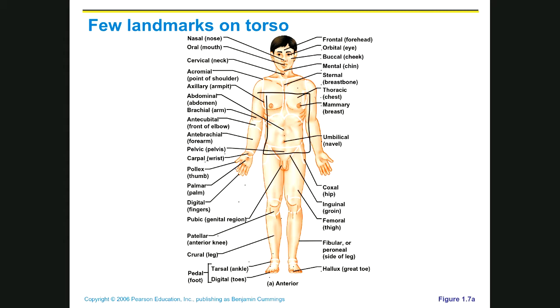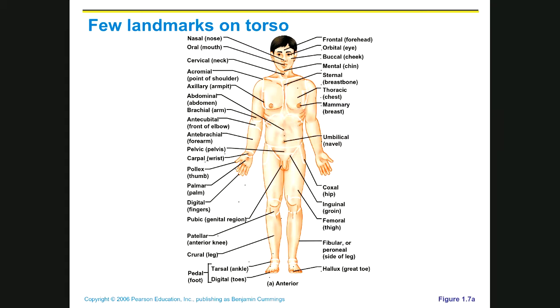There's this. There's this. That's really about it. But look how big this space is. It's a very large space for just such a few anatomical names, a few things we can see easily.